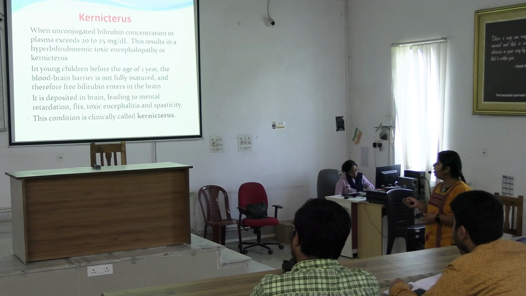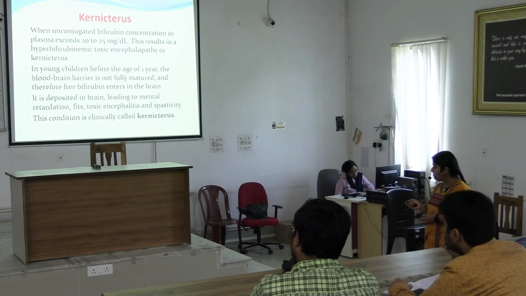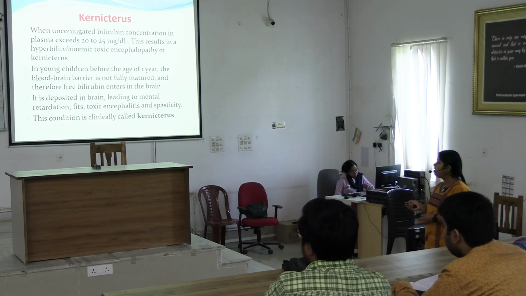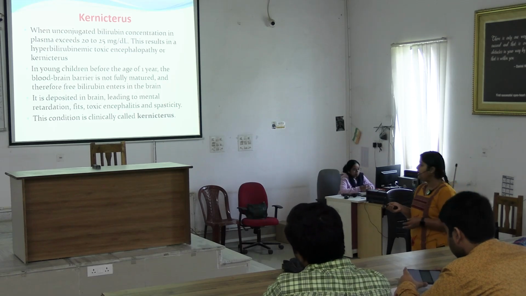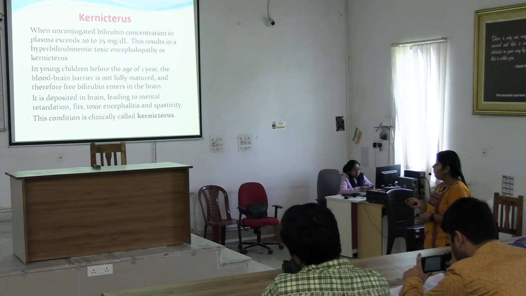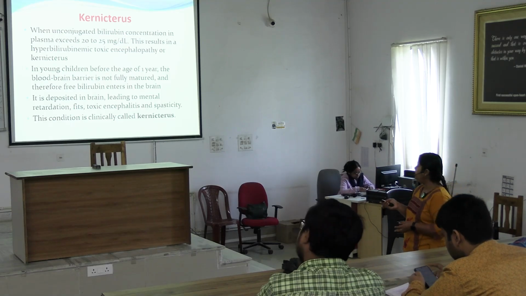So free bilirubin can enter easily into the brain, leading to neurotoxic symptoms like mental retardation, fits, toxic encephalitis and spasticity. Okay, and all these symptoms clinically are known as kernicterus or toxic encephalopathy.